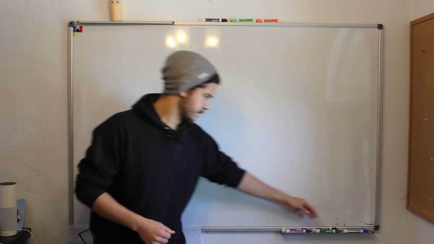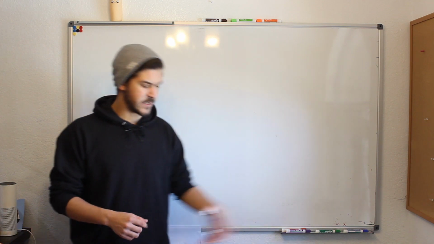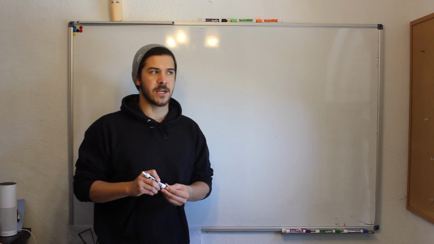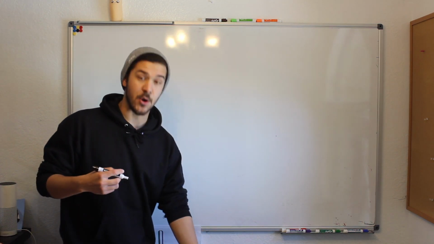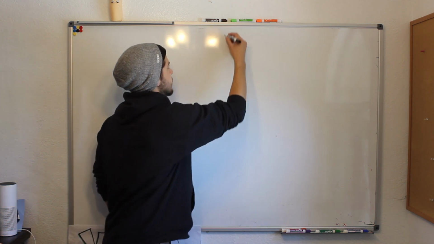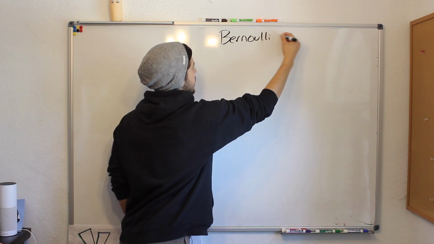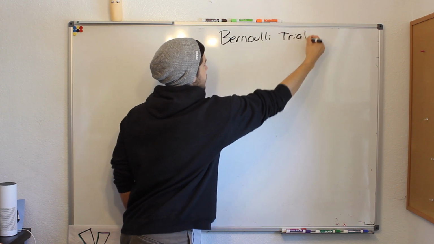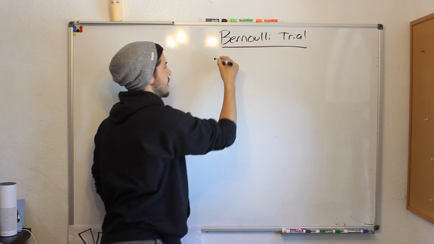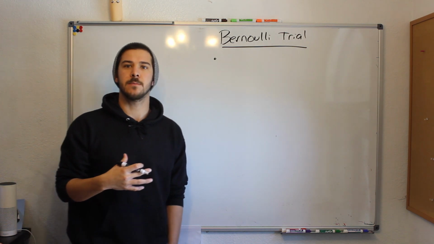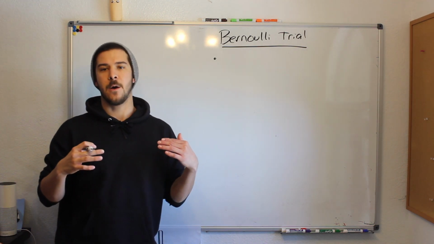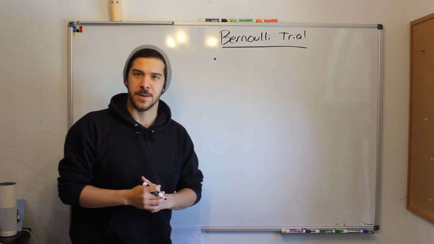But for now, the actual textbook chapter, chapter 17, starts with this concept called a Bernoulli trial. A Bernoulli trial is going to be the basis for our understanding of probability models.